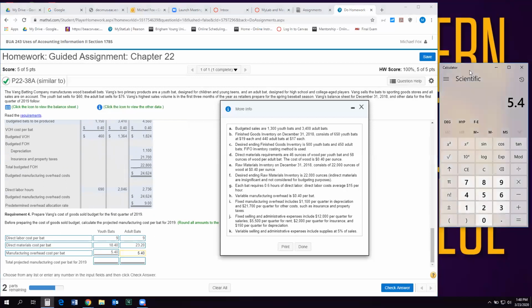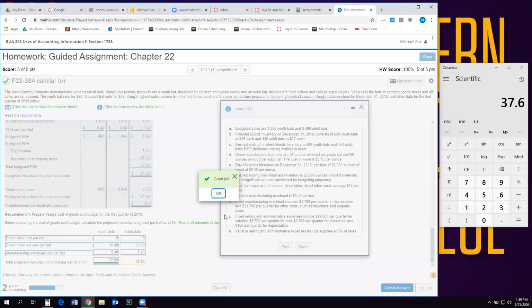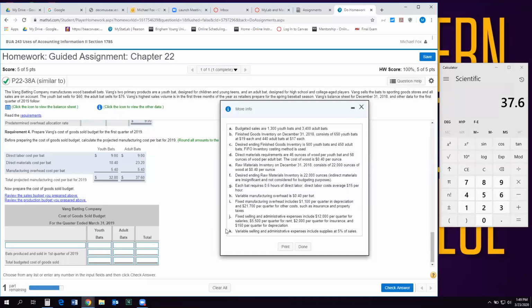All right, so we'll add them up. 9 plus 18.40 plus 5.40, whoops, is 32.80 is our cost on the youth bats, and 9 plus 23.20 plus 5.40 is 37.60 on the adult bats. Let's see if that's right. Good, so that's our cost. All right, so now it wants us to do our cost of goods sold budget. This was just figuring out our cost per bat.